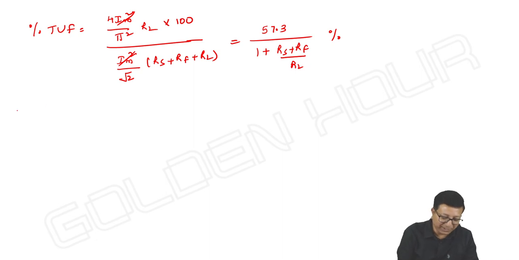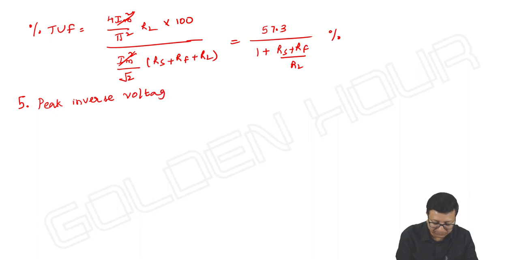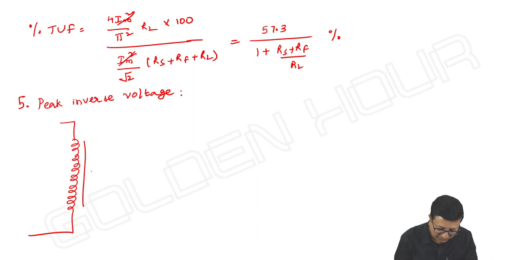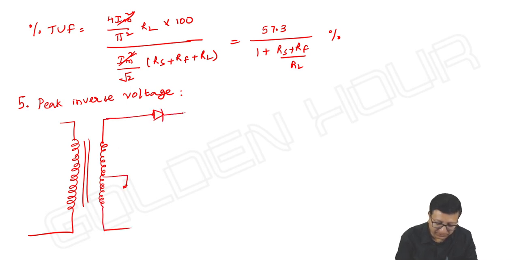Next one, the fifth parameter, it is the peak inverse voltage, PIV.